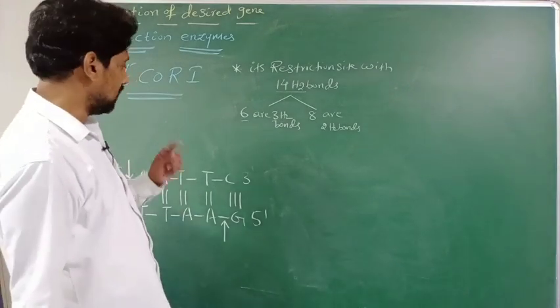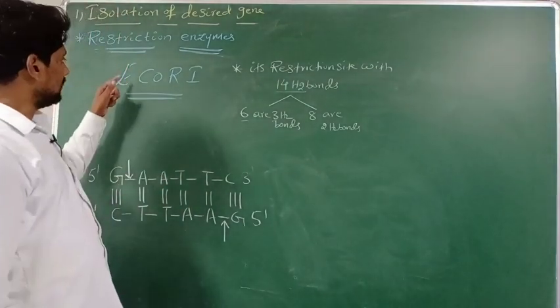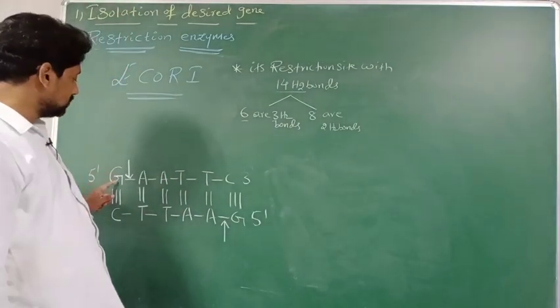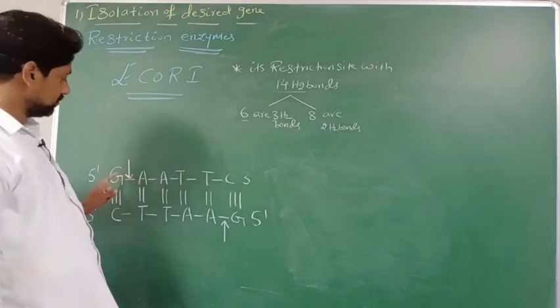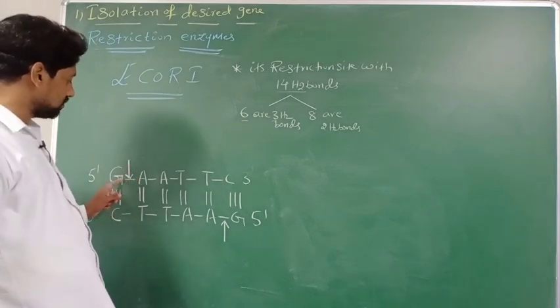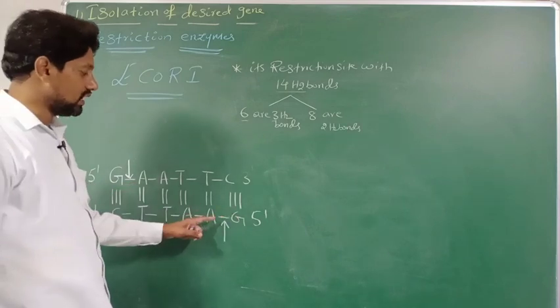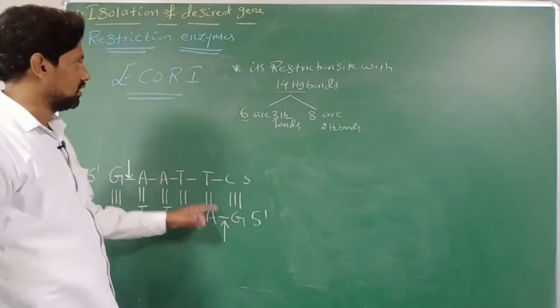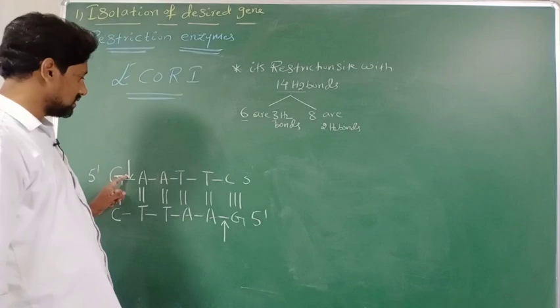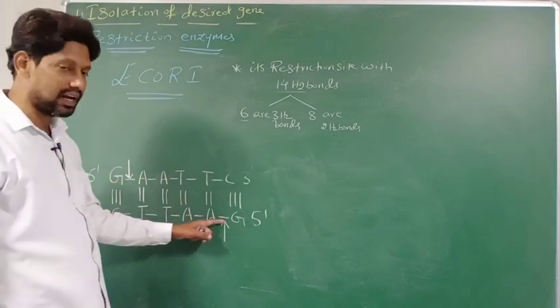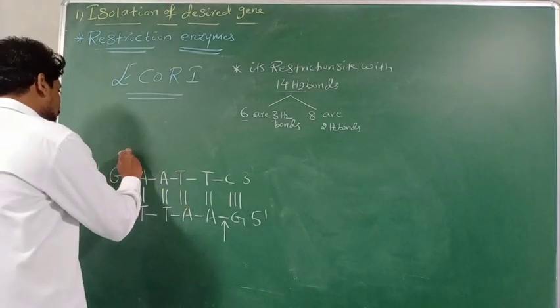Is it okay? Now listen to this statement. Eco R1 is cutting in between what and what? Between G and A, what is present? Phosphoester bond. Therefore, Eco R1 is cutting here one phosphoester bond and here one phosphoester bond.